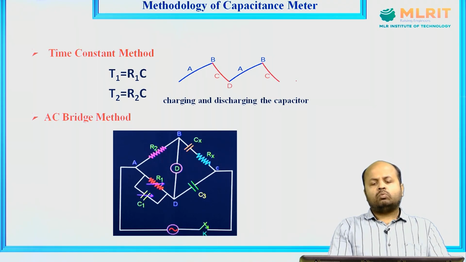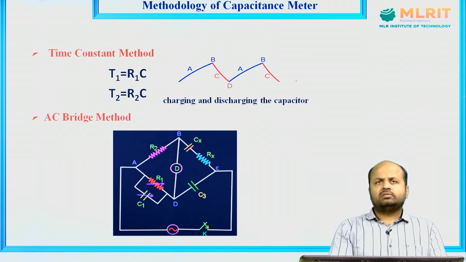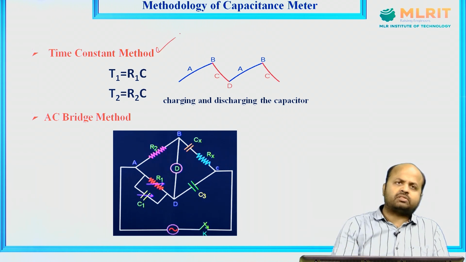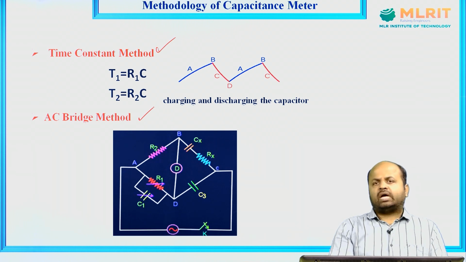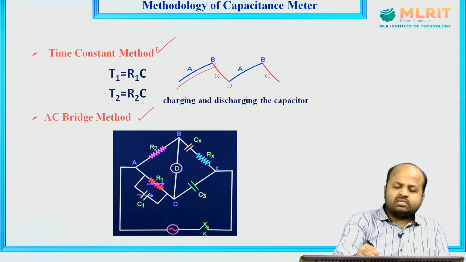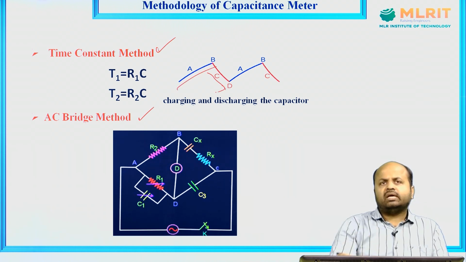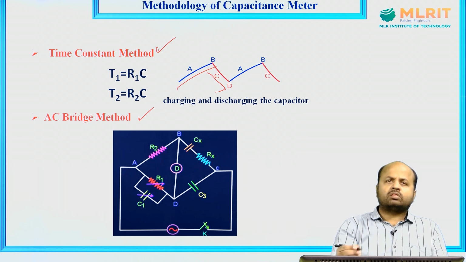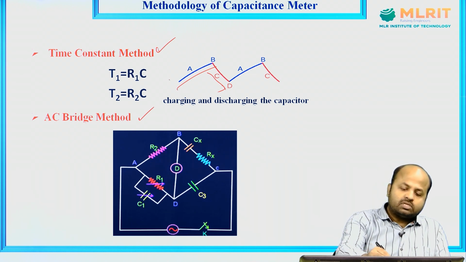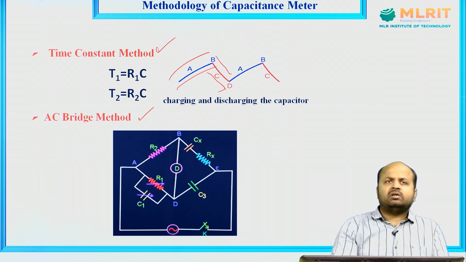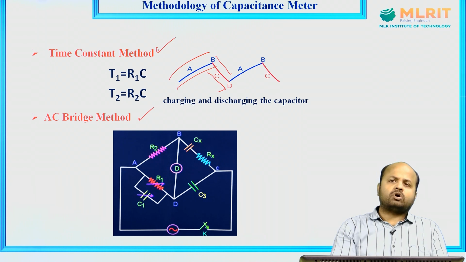Now, what are the different methodologies of a capacitance meter? A capacitance meter uses either the time constant method or the AC bridge method. We all know that a capacitor charges and discharges depending on the polarity of the voltage applied to it. This charging and discharging method is also known as the time constant method.